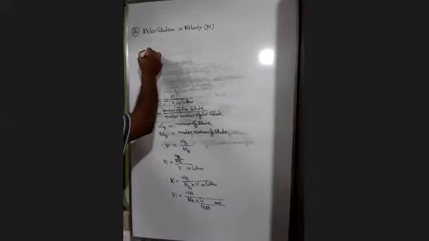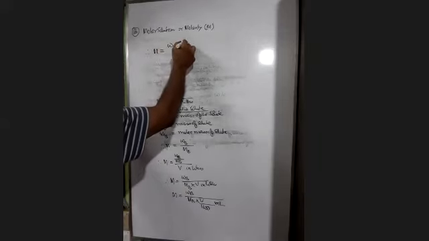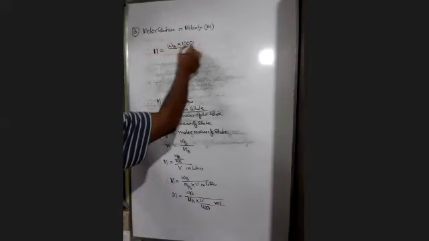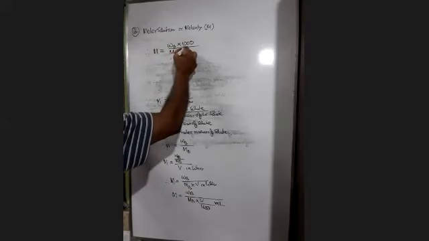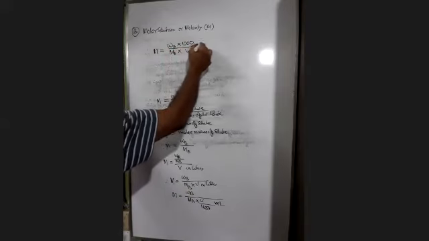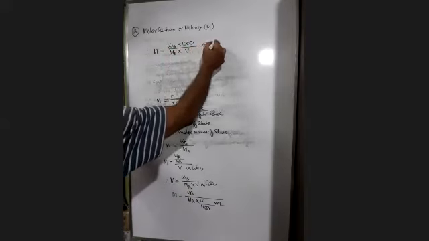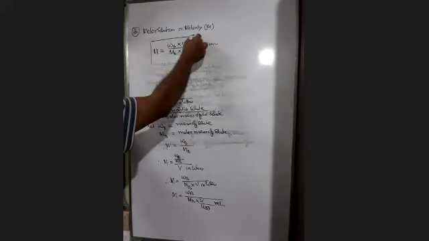Therefore, M is equal to WB into 1000 by MB V, with V in ml. So this is our final equation.